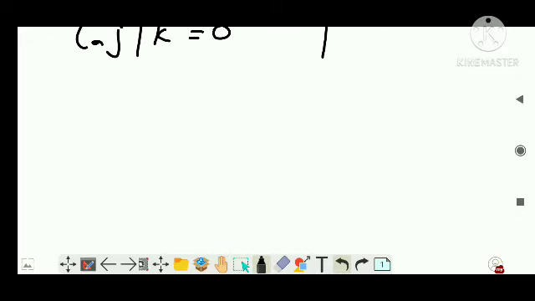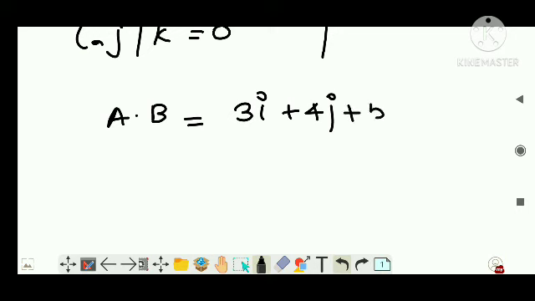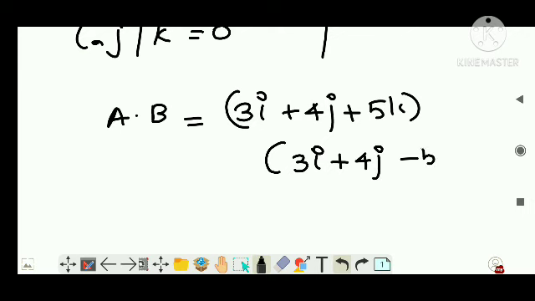So how can I do the product? I'm going to find a dot b. First is 3i plus 4j plus 5k, and I am going to dot it with 3i plus 4j minus 5k.